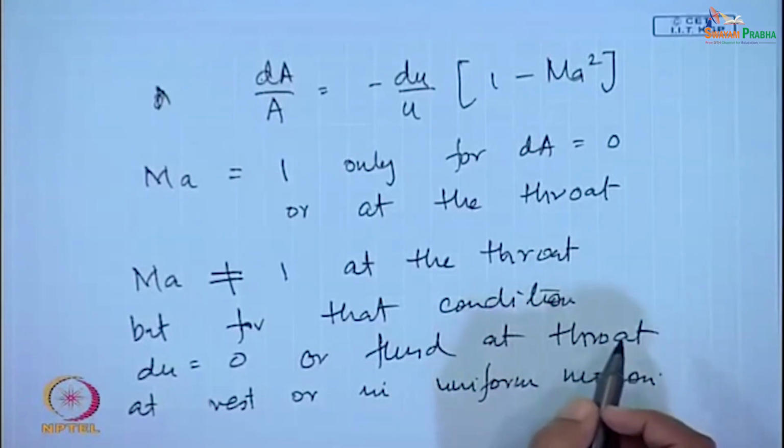First, if we want choked flow condition, if we want Ma equals 1, that can only happen at the throat where dA equals 0. We cannot have Mach number equal to 1 under any other condition. Number 2, that does not imply that Mach number has to be equal to 1 at the throat, or in other words, that the flow has to be under choked flow conditions at the throat.